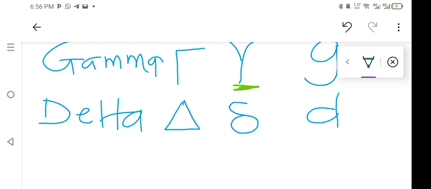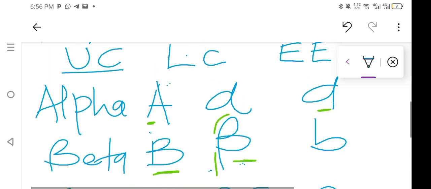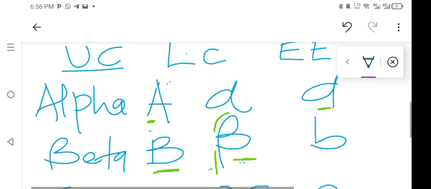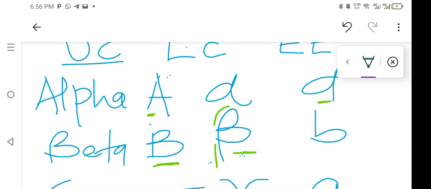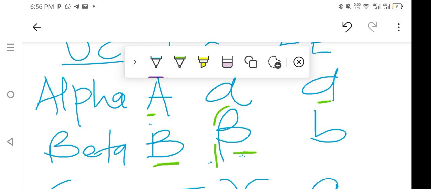So again, just a quick recap. So far there are four letters in the Greek alphabet that we've covered. Alpha, and you notice how alpha is written, its uppercase, and you notice the lowercase. And we've covered the beta. You notice that the uppercase and the lowercase are very similar, with the difference in the curve and the tail that protrudes.